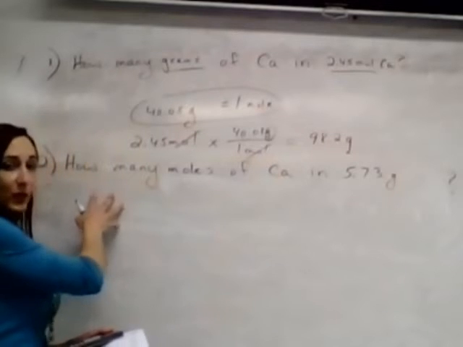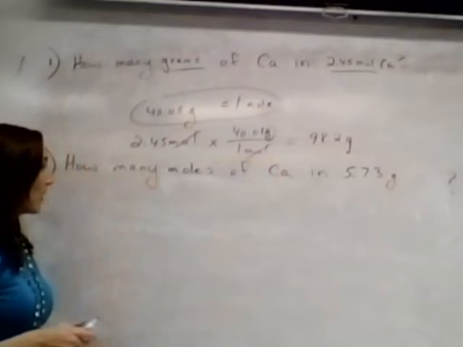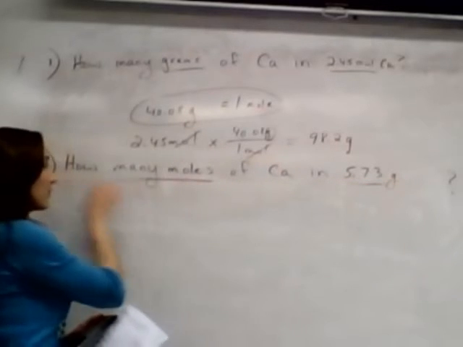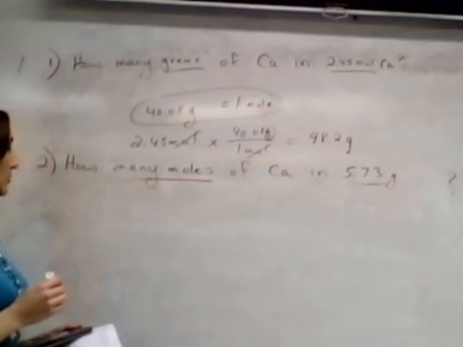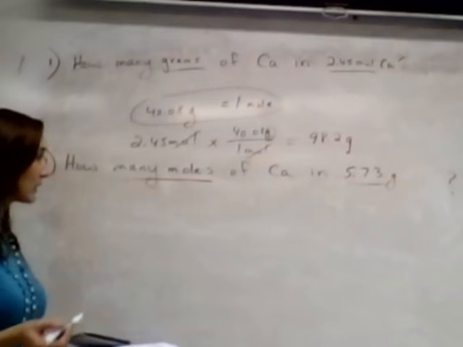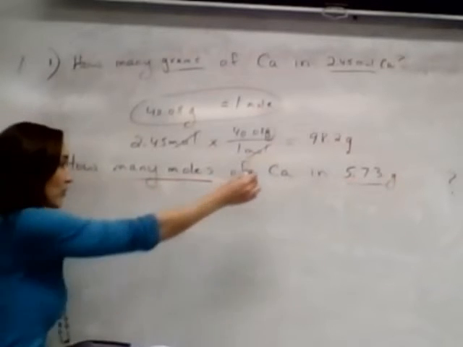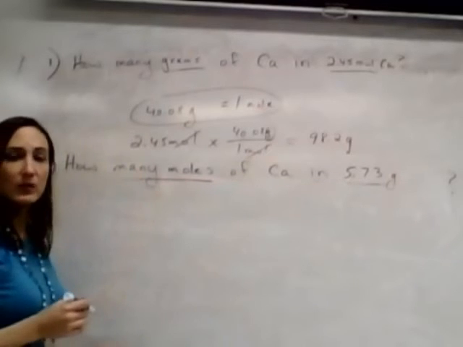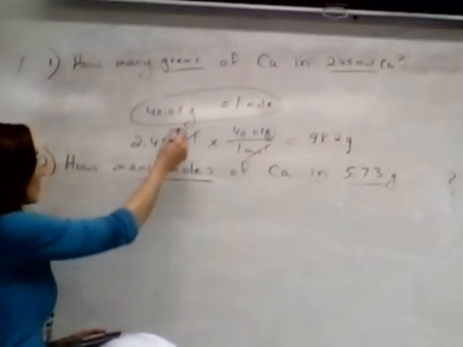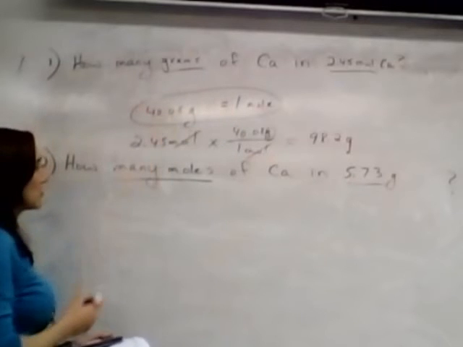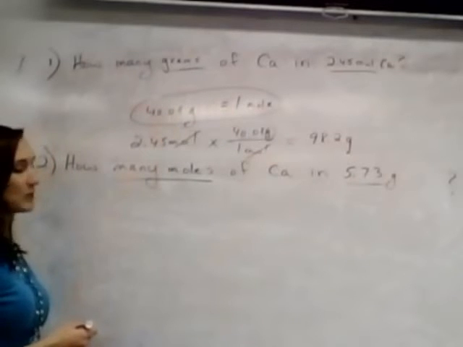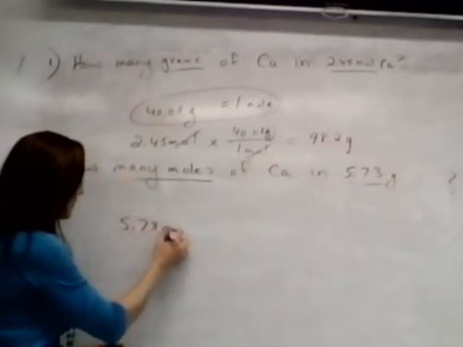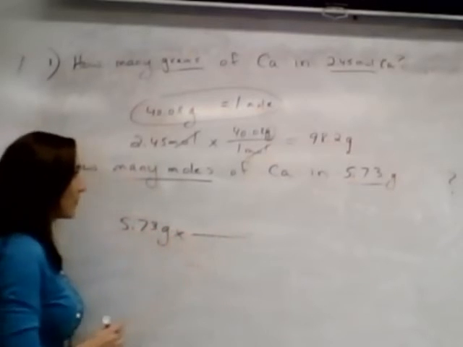This next problem is for the reverse, the opposite, where I have grams given to me, and I want to find moles. And so to do that, I need the relationship between those 2 units for calcium. So 5.73 grams and moles are related by this relationship, 40.08 grams equals 1 mole. I'm going to start by putting down the number given in the problem, and then set up my conversion factor.